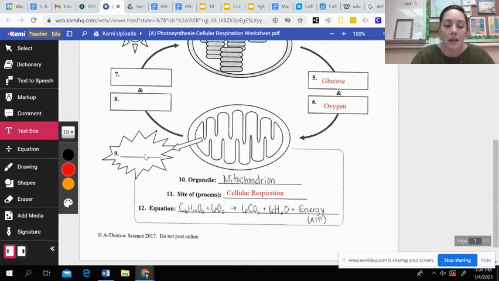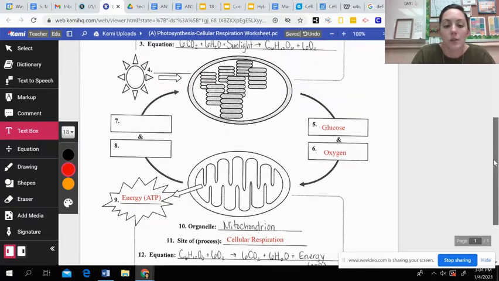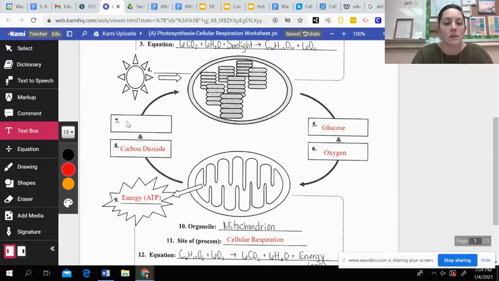So this bang symbol is that energy. We're going to include that it's ATP energy. That's important. And then it also produces carbon dioxide and water.